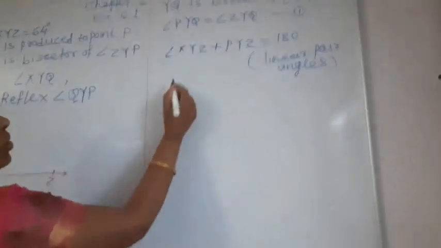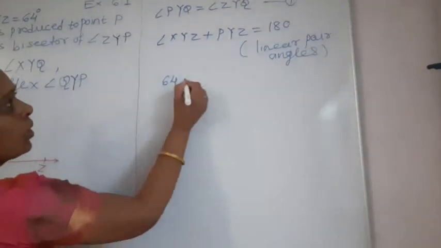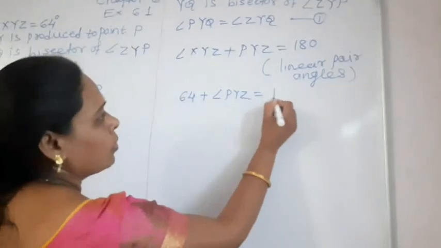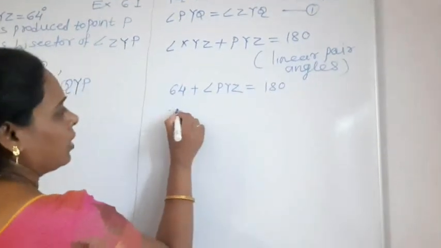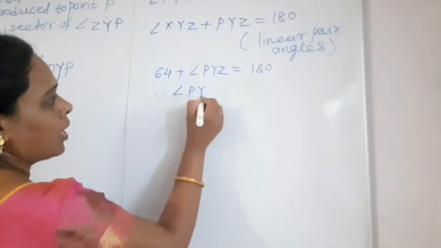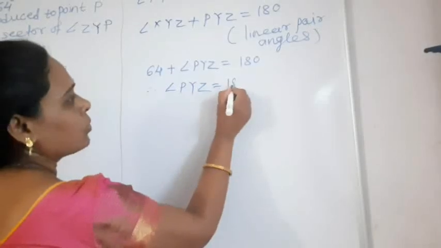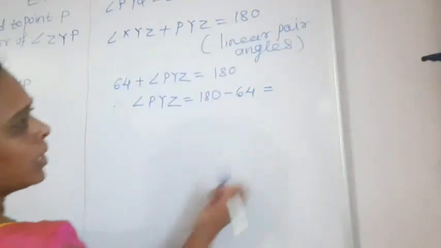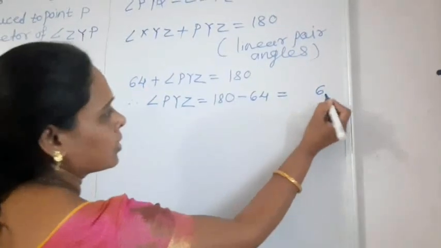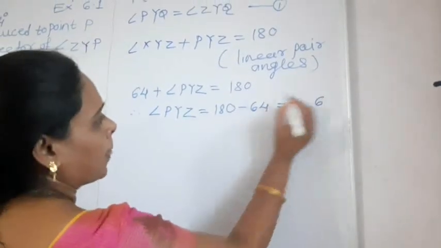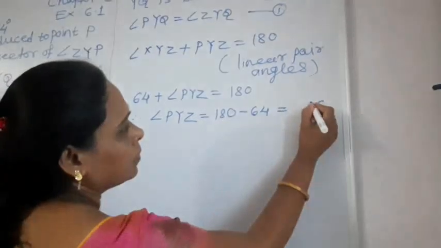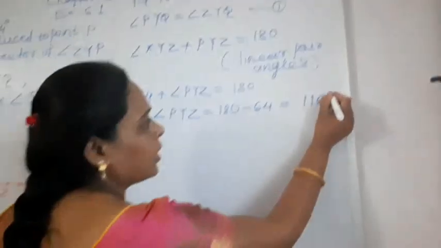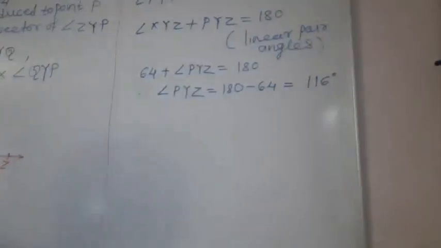Now here the measure of this angle is 64 plus angle PYZ is equal to 180, and therefore angle PYZ is equal to 180 minus 64. That value will be 116 degrees, the value of angle PYZ.